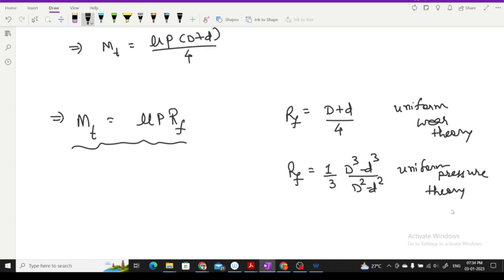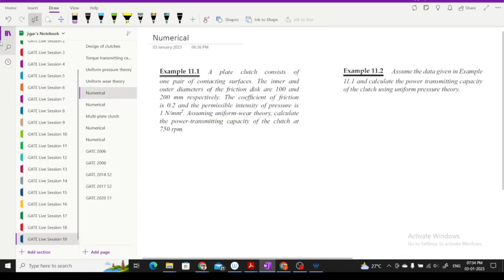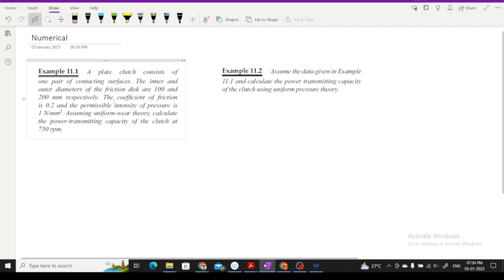Yes, sir. So now you can calculate this example. A plate clutch consists of one pair of contacting surfaces. The inner and outer diameters of the friction disc are 100 and 200 mm respectively. The coefficient of friction is 0.2 and the permissible intensity of pressure is 1 Newton per mm square. Assuming uniform wear theory, calculate the power transmitting capacity of the clutch at 750 rpm.